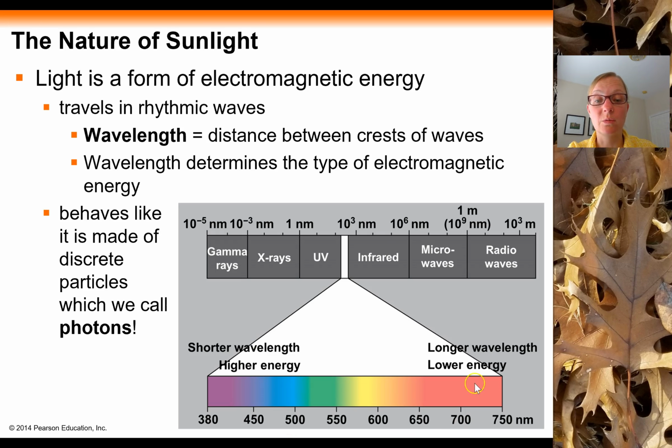So for example, red light, these photons, these packets of energy, don't have nearly as much energy as the photons of light of the violet and blue light, right? So the amount of energy in a photon corresponds to the wavelength of light that you're talking about. So reds, photons have less energy, and the blues, violets, those photons have greater energy.